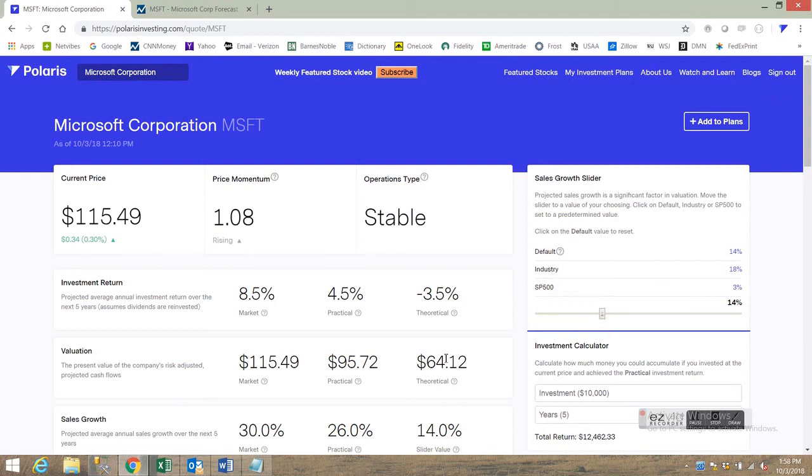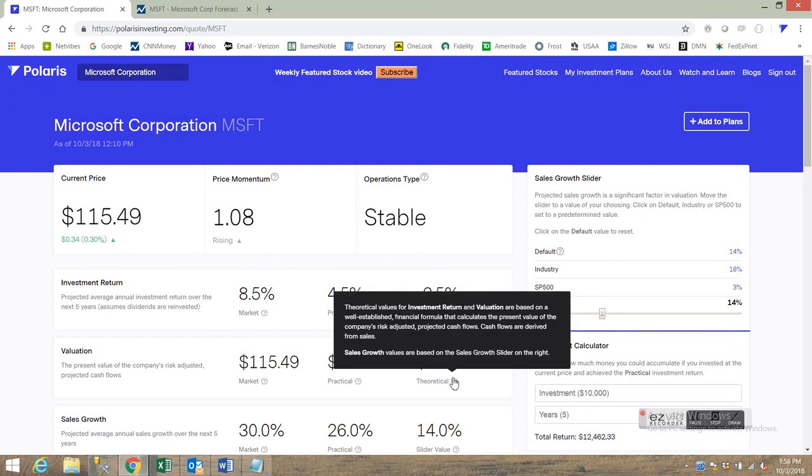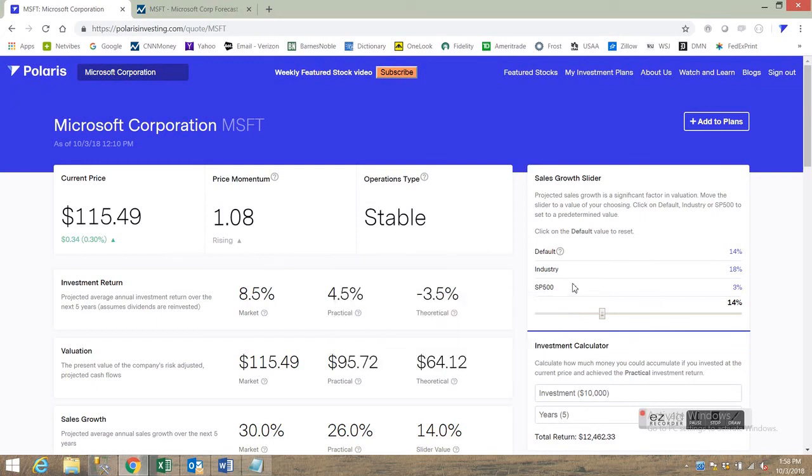And the way we can do an equivalent on the Polaris website is just bump up this theoretical valuation by 60%. So 64 times 1.6 gives us a valuation of around 102. So I'm just going to move this till I see something in that range, and I'm just going to go with 107.